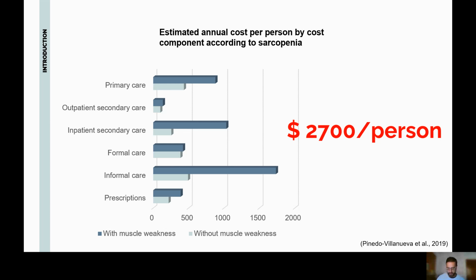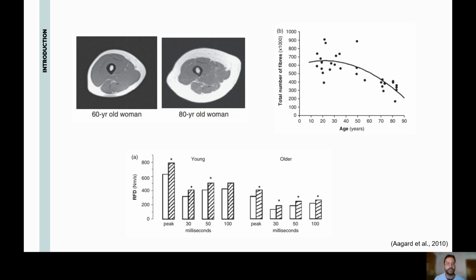However, there are other components of the neuromuscular system that may be more relevant for older adults' functional ability. It is well known that muscle mass is lost with aging, and this is also due to the loss of number of muscle fibers, and there is also a loss in muscle strength.